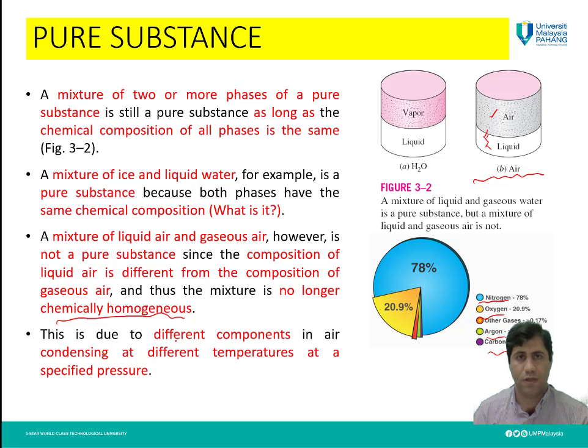And I told you the reason: different components in air condense at different temperatures at a specified pressure. So the type of gases or material in the liquid air is different from the gas air.